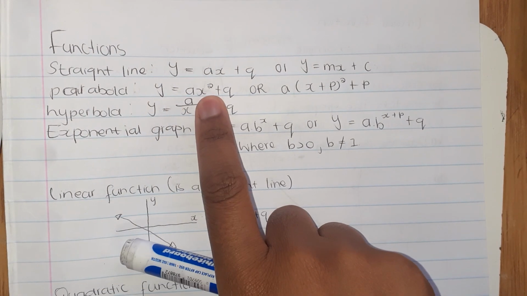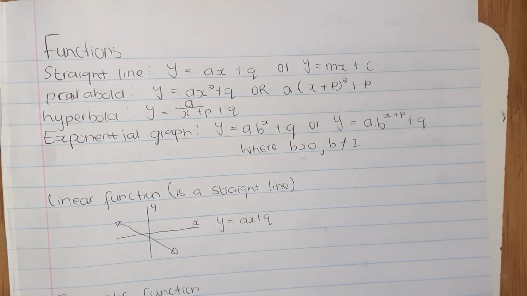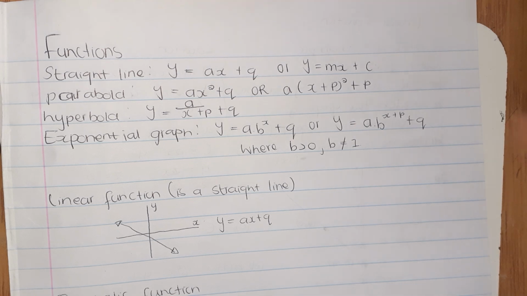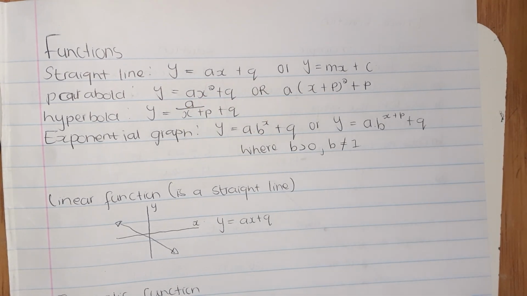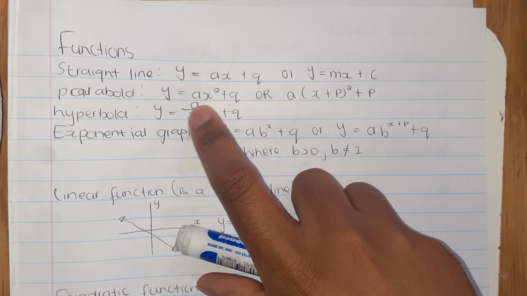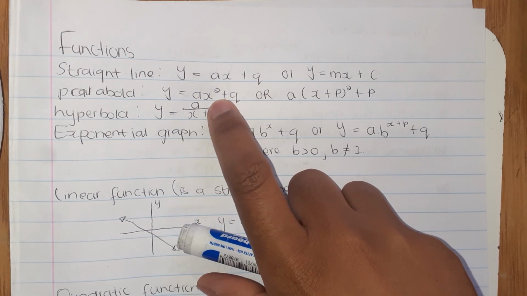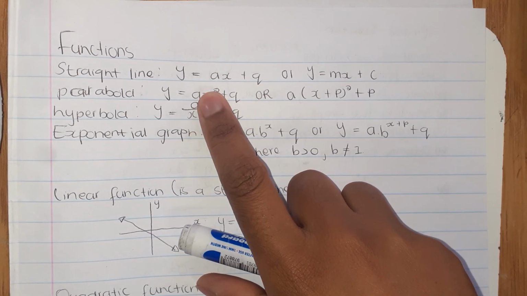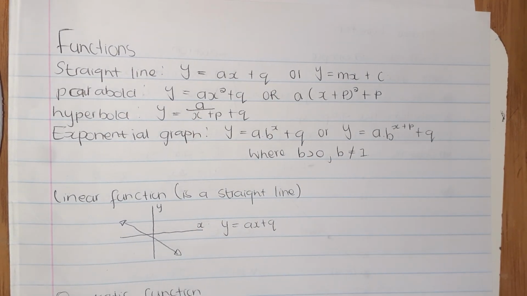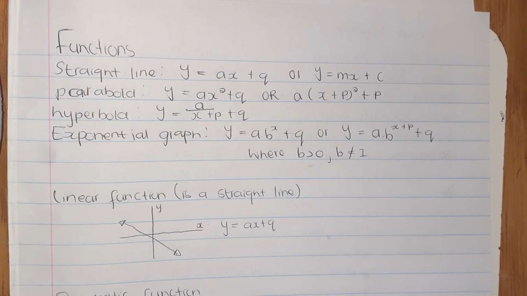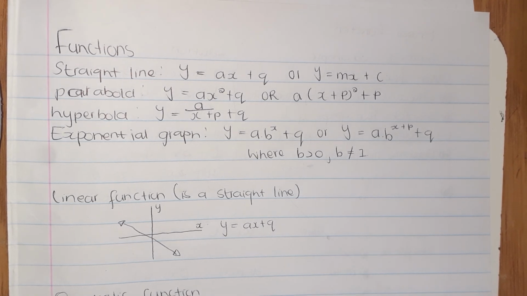The parabola is anything to the power of 2. So when you see an equation that has to the power of 2, it's a parabola. Even the quadratic formula, here you can see it's a quadratic formula, but it doesn't have a bx term. But anything to the power of 2 is a parabola, even when you are given a quadratic formula.